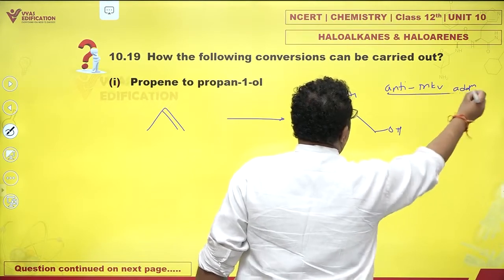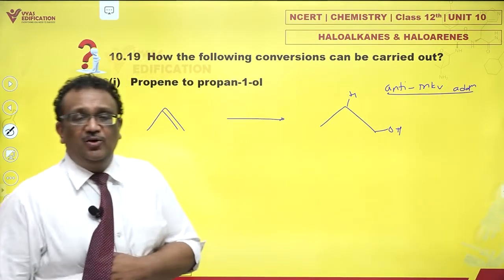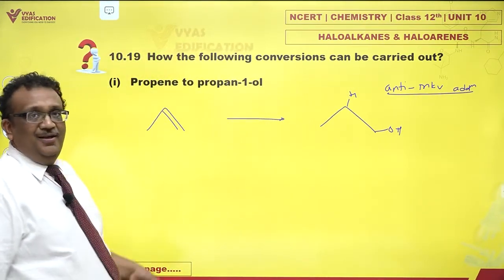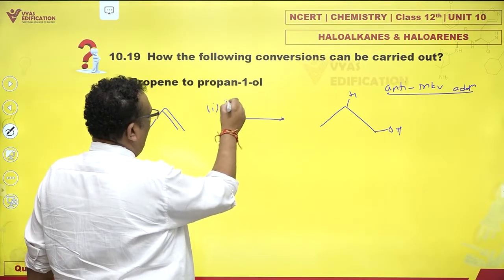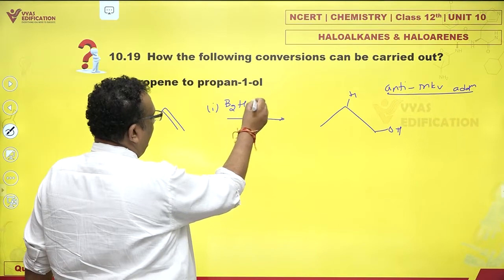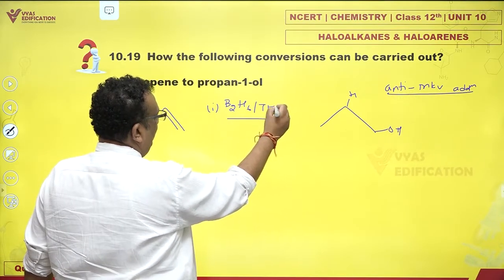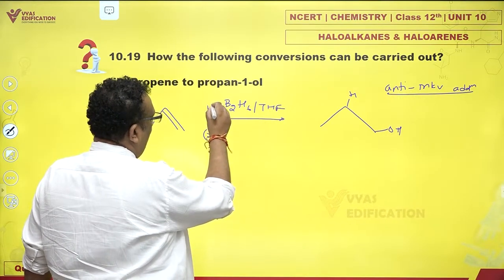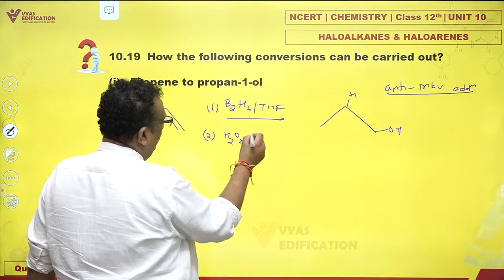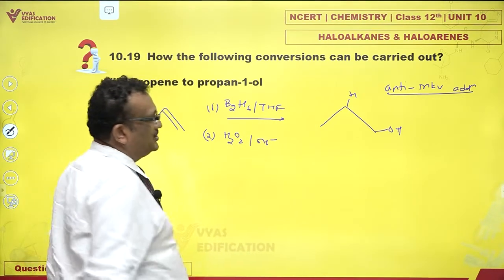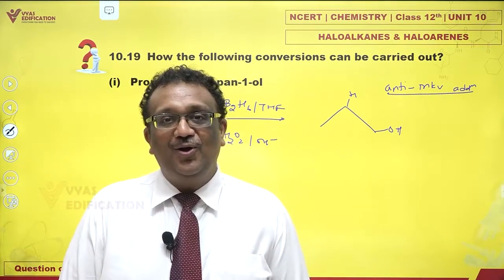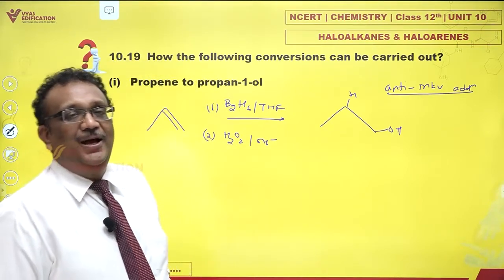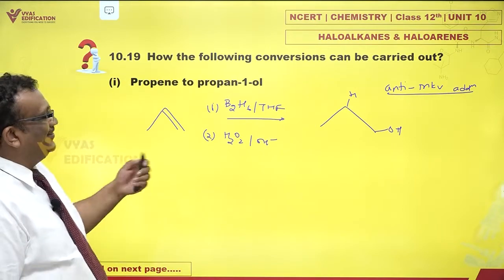What is the method for anti-Markovnikov hydration of alkenes? Hydroboration-oxidation. First, you add diborane B2H6 in THF solvent, and then you add H2O2 with OH minus. The moment you do this, you have HOH added in anti-Markovnikov fashion without any rearrangement. This is the solution.